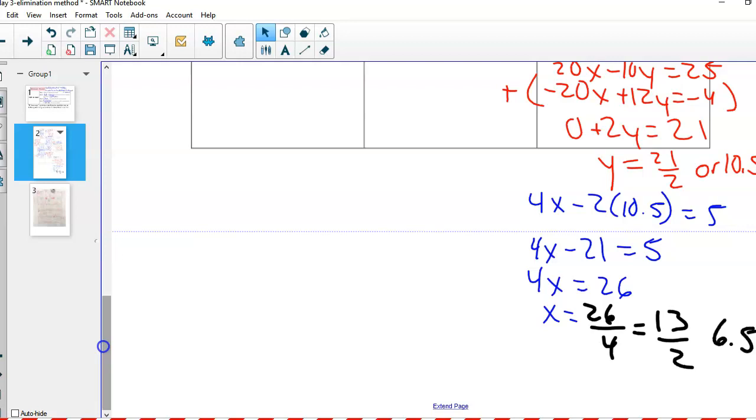Your solution could be either in fraction form or in decimal form, not both.